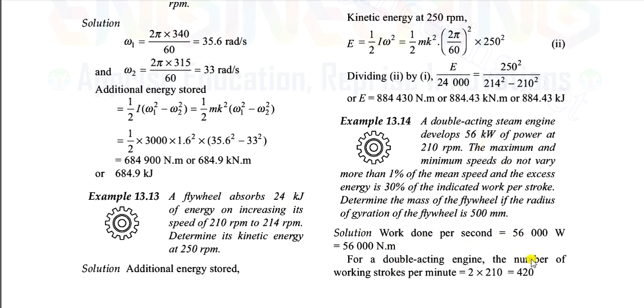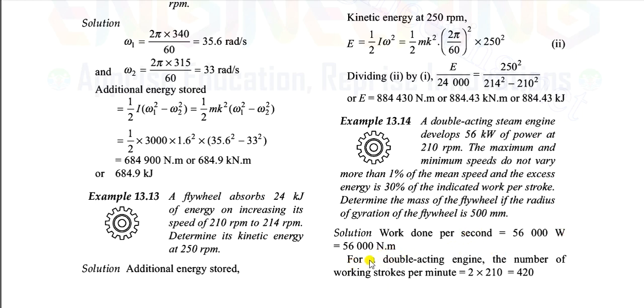But per second, so exactly he should write 56,000 joule, because per second he is writing here. Joule per second is nothing but watt. So exactly it should be joule, and joule is Newton into meter. So 56,000 Newton into meter work done per second.